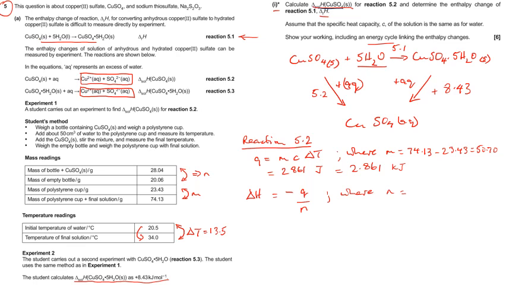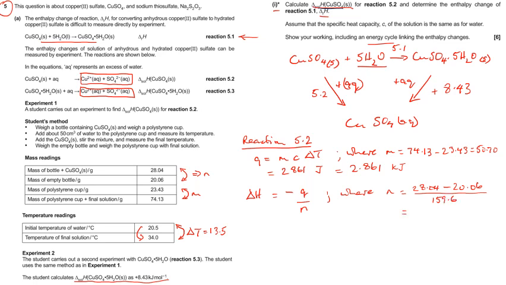Moles is going to be mass over Mr, and our mass of stuff is 28.04 minus the empty bottle 20.06. That's going to give us mass, and Mr for our copper sulfate solid is 159.6.